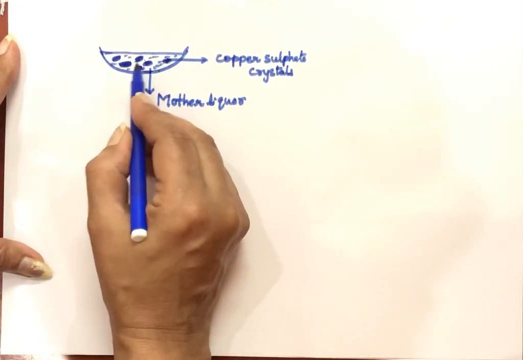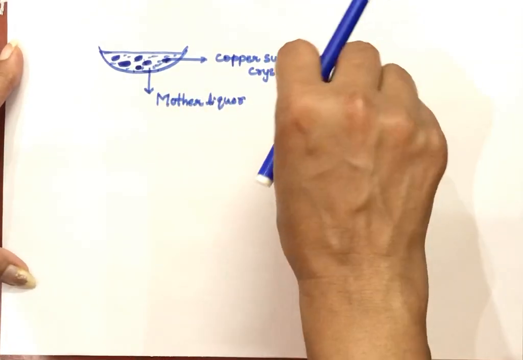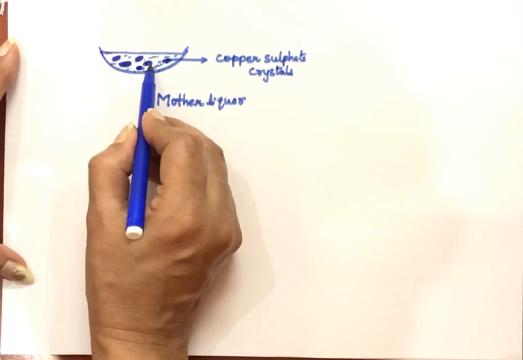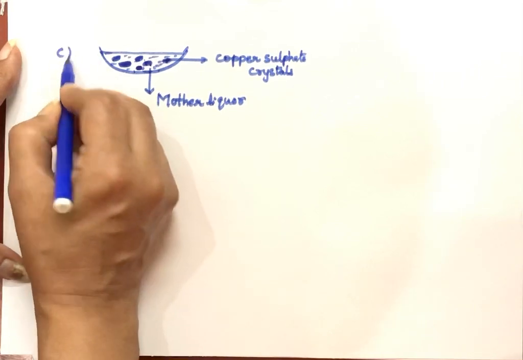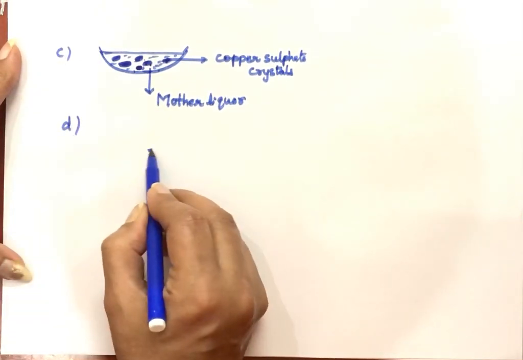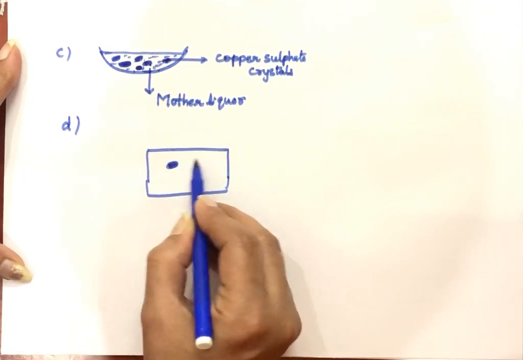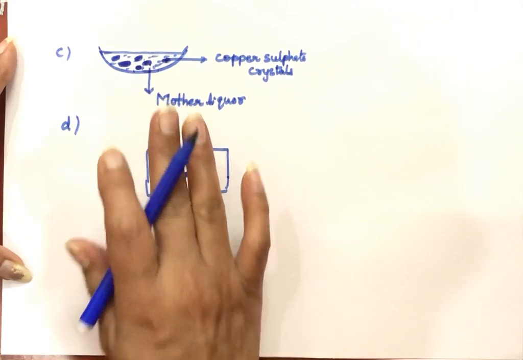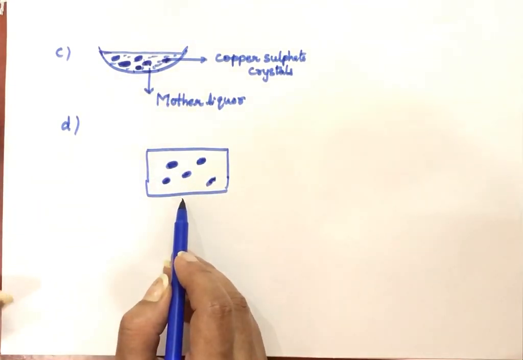And these copper sulfate crystals we remove by decantation. Just remove the water like this by tilting this china dish, and we can collect these crystals of pure copper sulfate. Next step after obtaining these crystals is we'll take a filter paper. On the filter paper, we'll keep these crystals of copper sulfate and fold it with another paper and dry these copper sulfate crystals by folding in the filter paper.